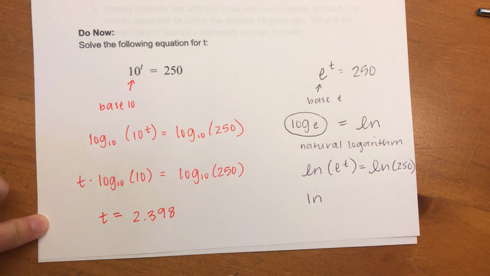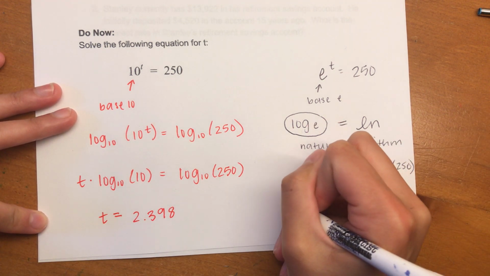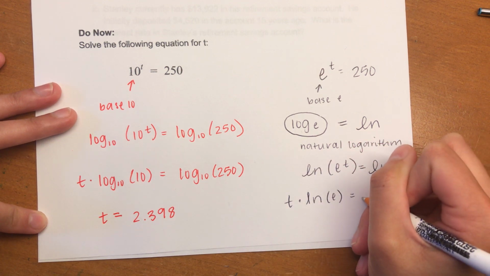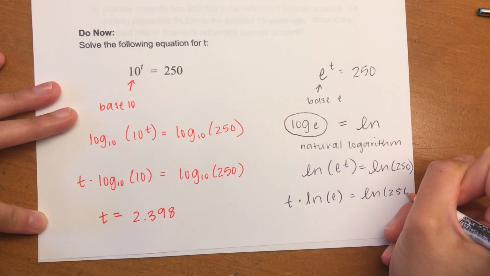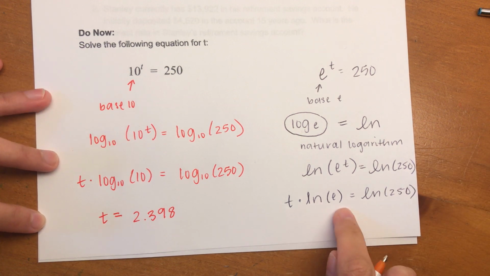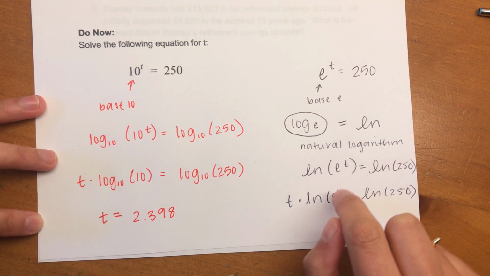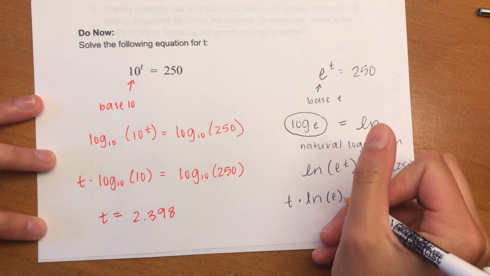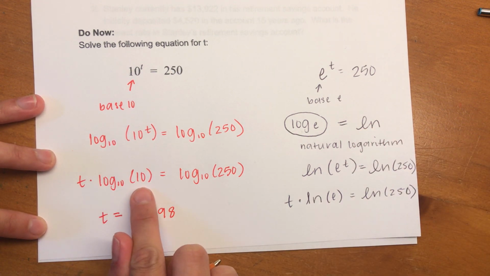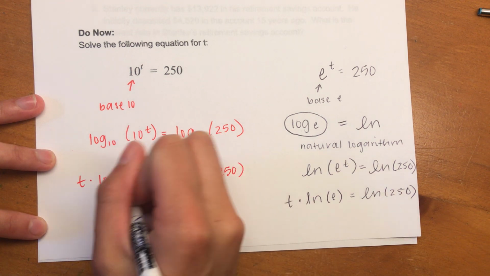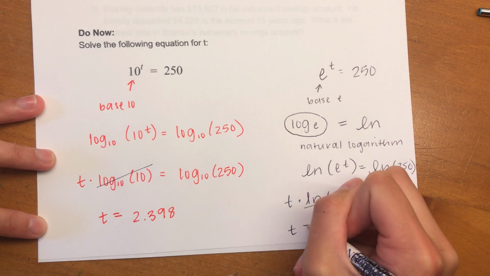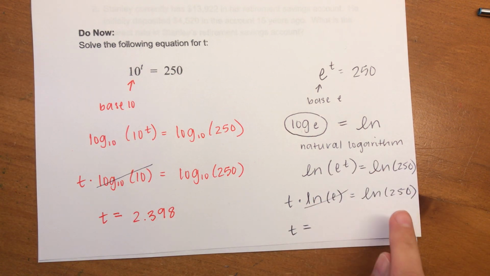And then I would have t times the ln of e equals ln of 250. And the ln of e, so really we're thinking, base e to what power gives me e? That's going to cancel out just like log base 10 of 10. Those two things canceled out. ln will also cancel out, and t will equal ln of 250.